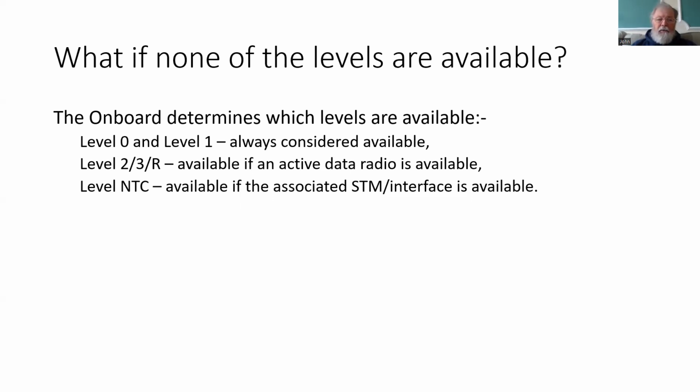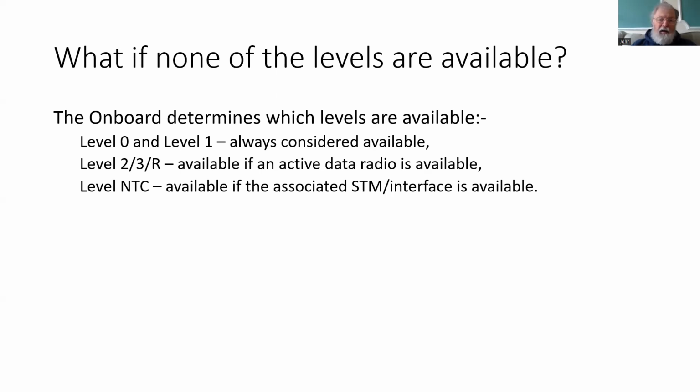For levels 2, 3, and in the future, if it exists, level R, it is based on whether there is an active data radio available in the onboard. The data radio doesn't have to have an active session, it doesn't need to be communicating with the RBC or a network, but if it is available, then levels 2 and 3 are considered available.